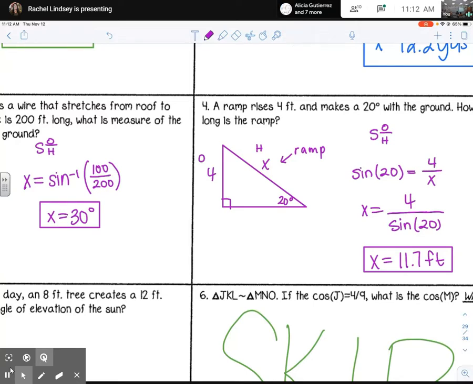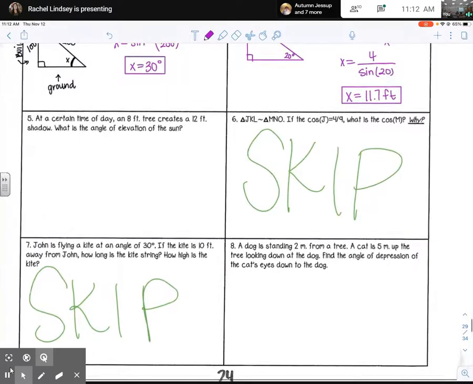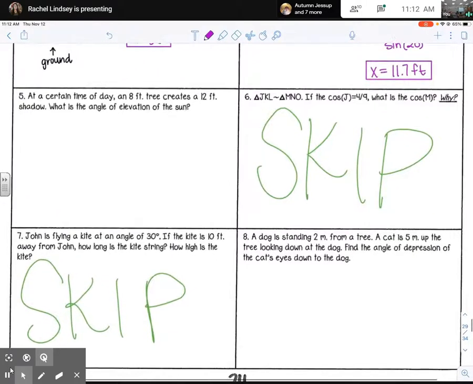If you're working ahead, I'm gonna skip the next page, page 25, just in case you're wondering. But if you wanna know the answers, you can always check it. And I'm gonna draw the pictures for 5 and 8.